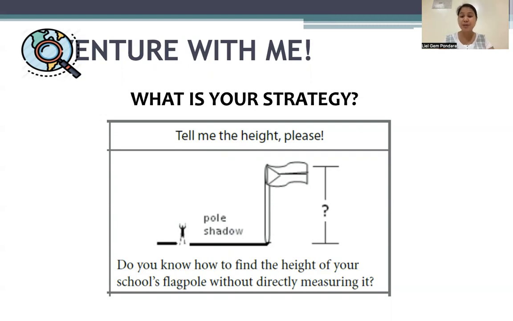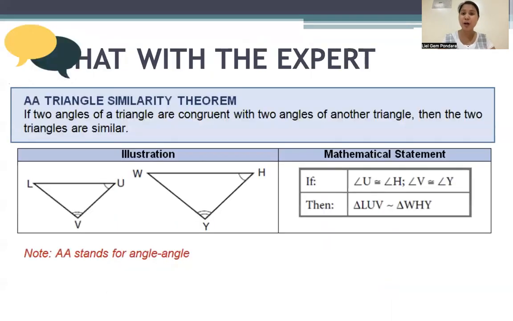And we have some theorems. The first one is the AA Similarity Theorem. The AA is a shortcut for angle-angle. That's for you to remember, angle-angle. It means that if two angles of a triangle are congruent, it means they have the same measure with the other two angles of another triangle, then the two triangles are similar.